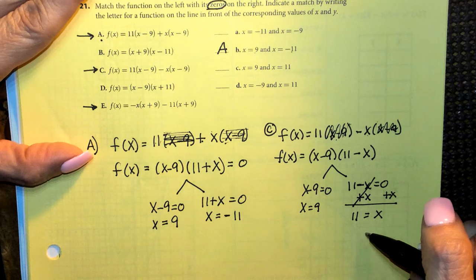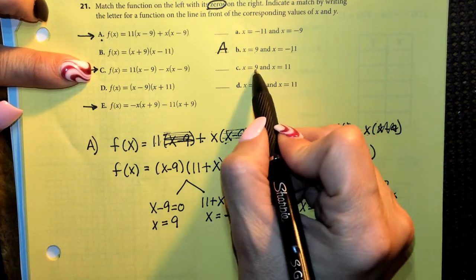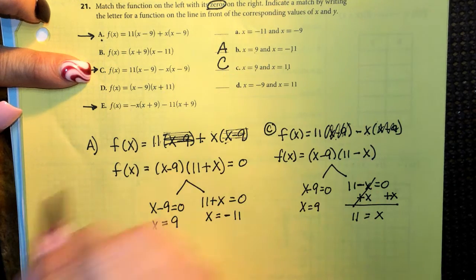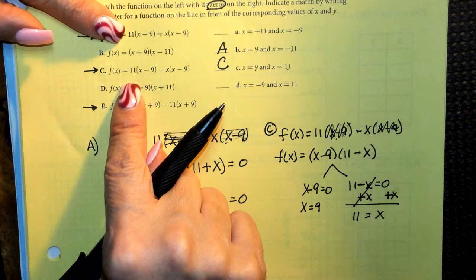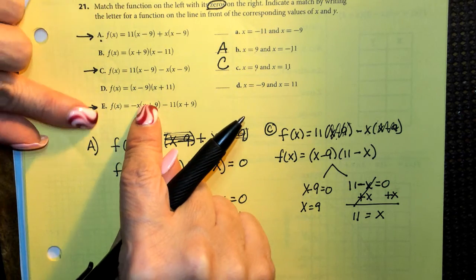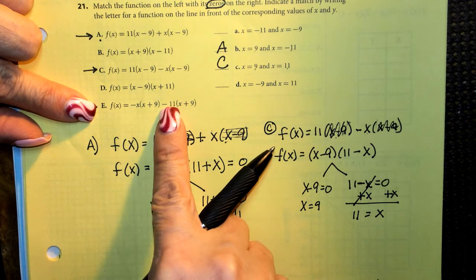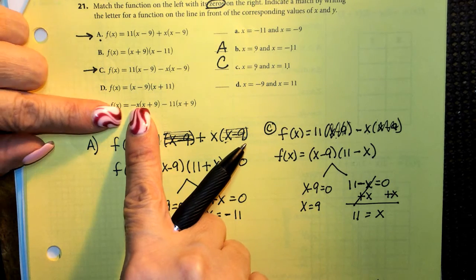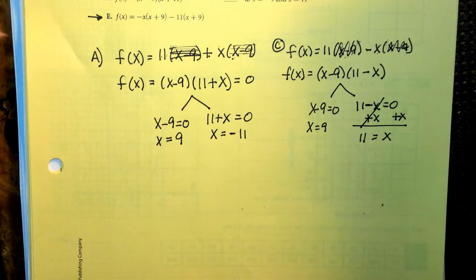So for C, I'm looking for positive 9 and positive 11, so that's going to be C. Now, these two are pretty straightforward. This one you're going to have to do again. Be careful of your negative 11, because this time you have a negative x and a negative 11. Maybe we should do that one together.